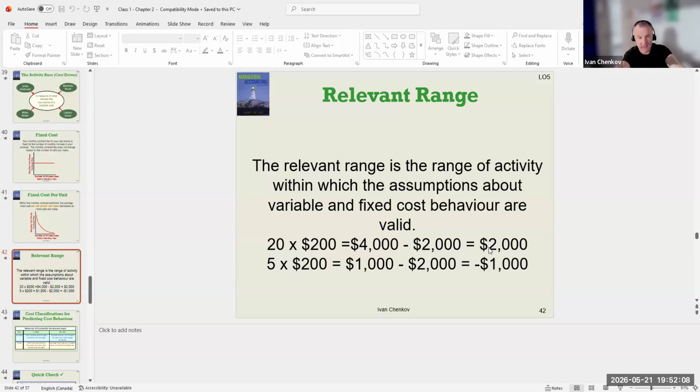If I have 10 students, that's going to give me $2,000. I'm going to pay an additional $2,000 rent. So I'm going to be neutral, because I'm charging the same amount, $200.